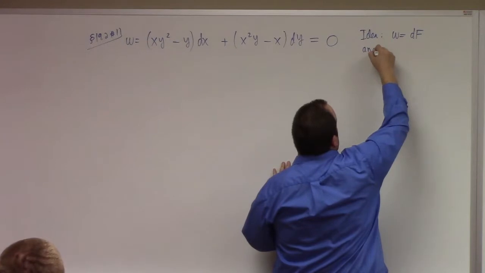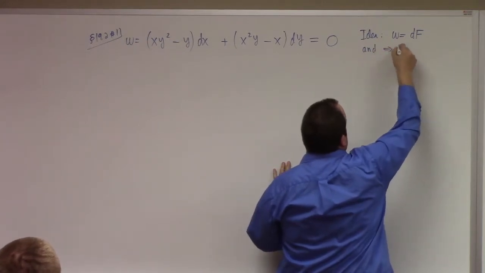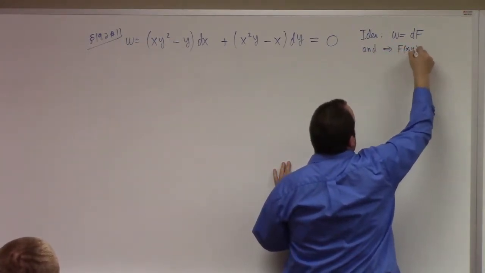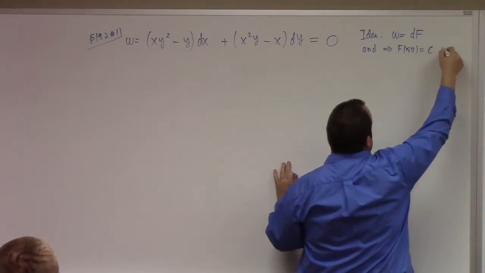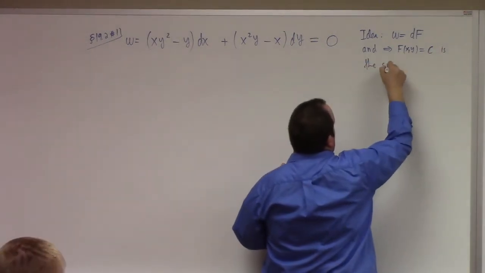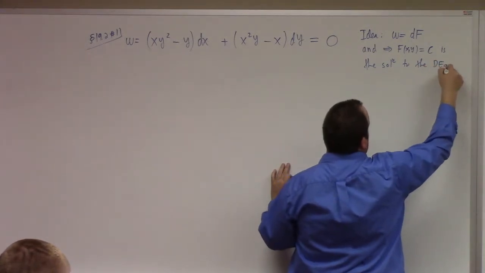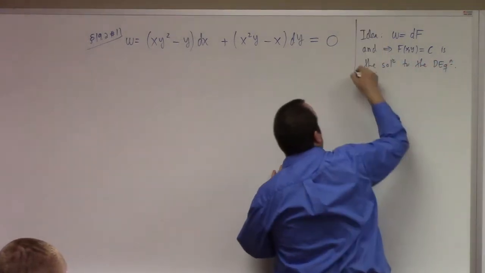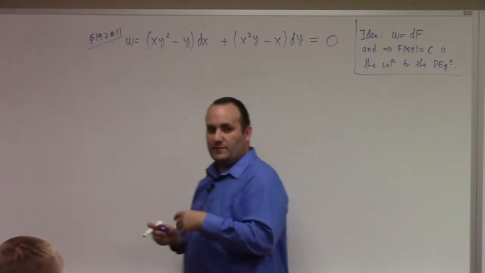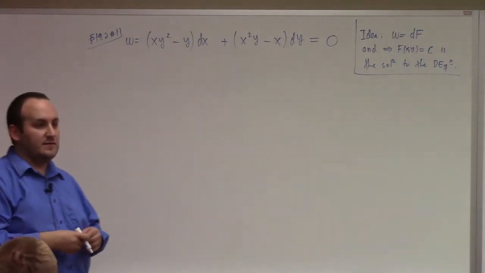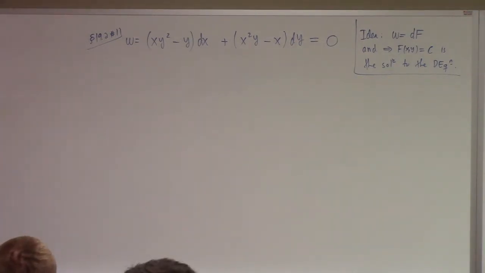And so that implies that f of x comma y equals a constant is the solution to the differential equation. That's the overall theoretical backdrop here. That's what we proved the other day. I don't want to prove it again. That's what we're going to use.